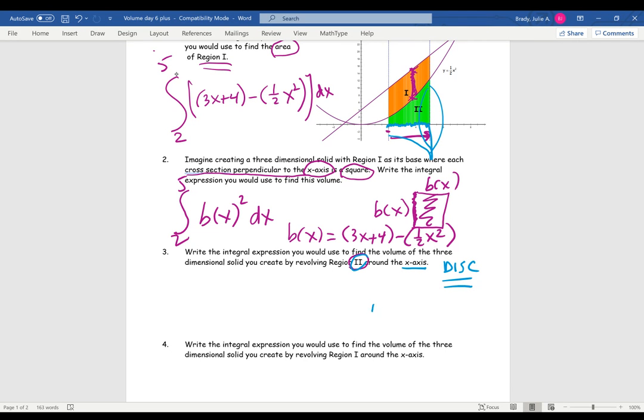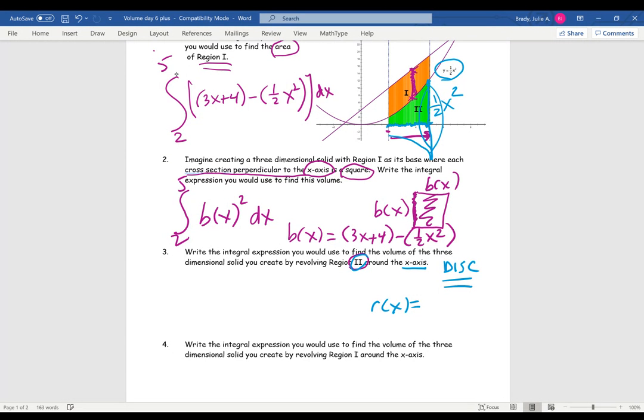So we have to describe the radius. Start from the line of revolution and go up to the edge of the region. That would just be this function. So this radius is always going to be 1/2 times whatever the x number is, squared.